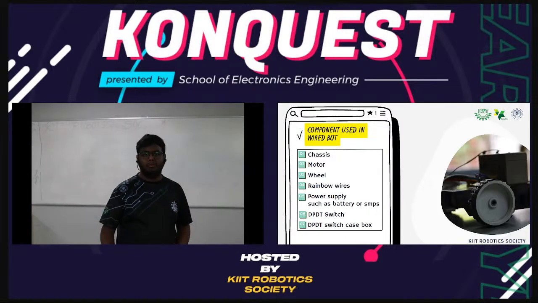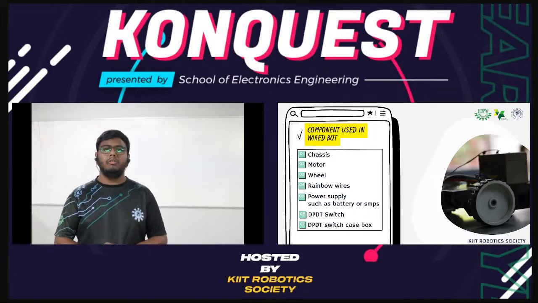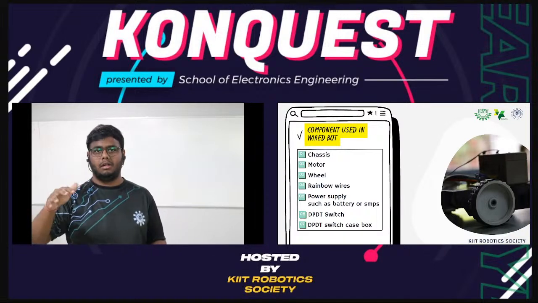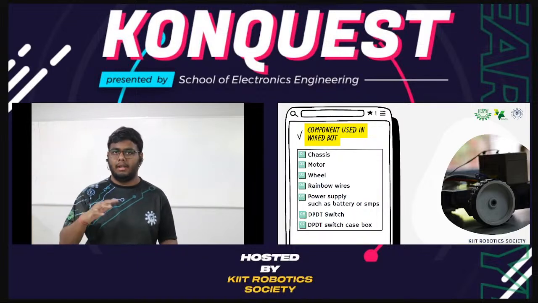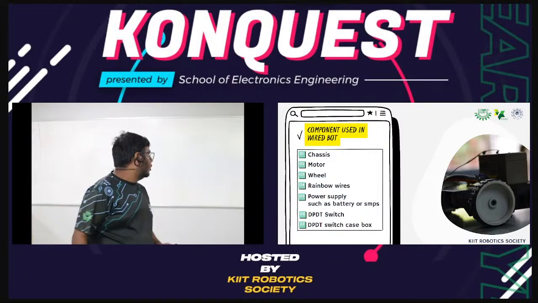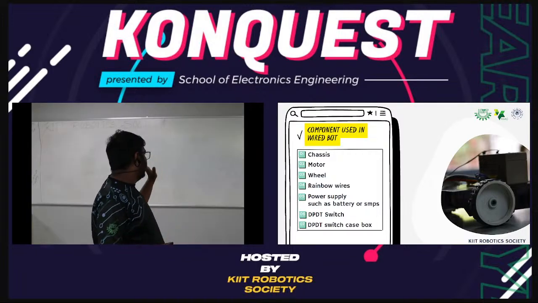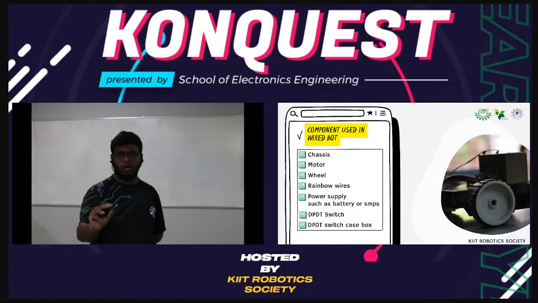Rainbow wires are not compulsory, you can use any kind of wire, but they are preferable to know which wire is going in which direction, like positive goes to positive, negative, black and red wire. These are the things you require to complete your bot.